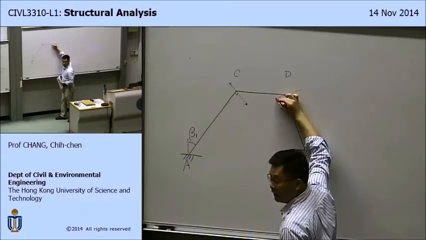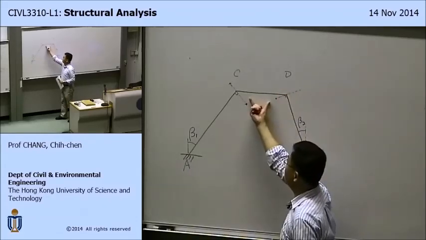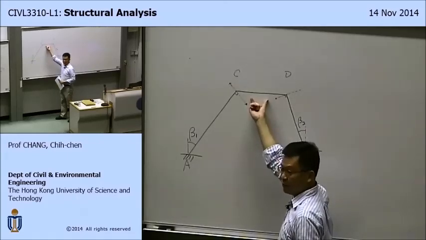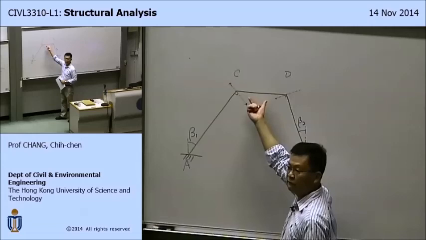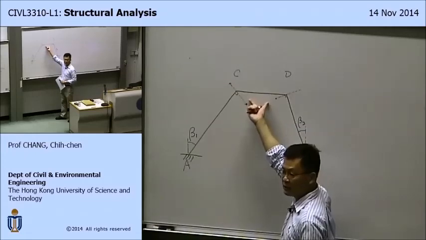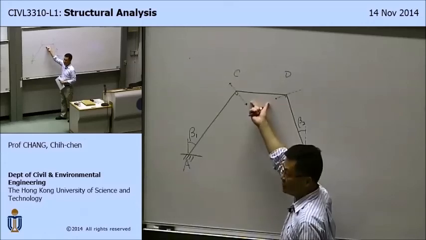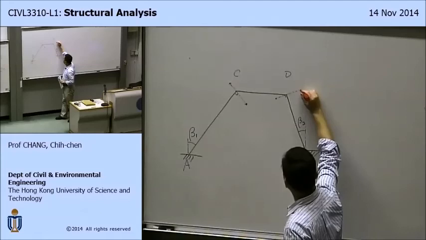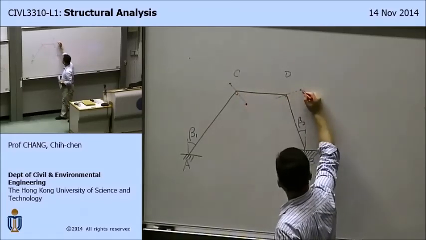No. If it moved to this location, that means this component is going to be compressed and its length shortened. We say that it's inextensible, so that violates the inextensible assumption. The only way to follow the inextensible assumption is to let this point move to this location, and that point move to that location.